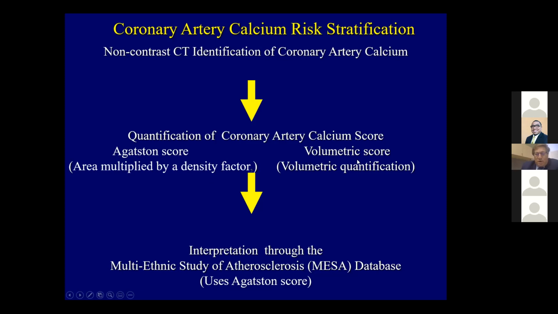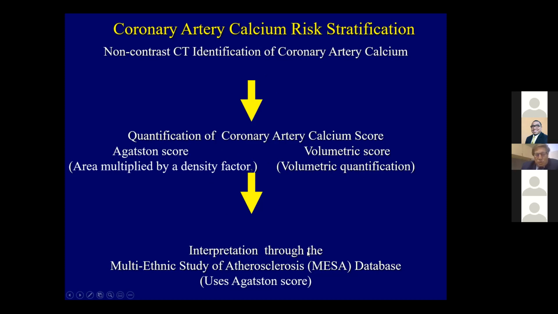There's also a volumetric score, which measures the volume of calcium, but not the density. They vary slightly. In the studies, the volumetric is more reproducible. The MESA study database, though, which has been around for a long time and keeps being added to, has traditionally used the Agatston score. So that's what we use in the calculations.